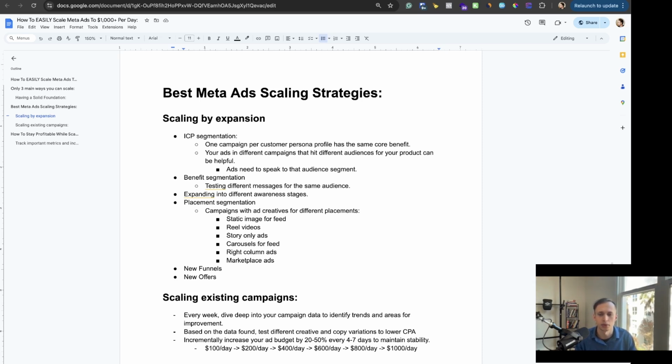There are different segments, right? But you can target people that are not aware of the problem and not aware of the solution. So your ad can show both. There's the problem, there's the solution, and it can generate intent.